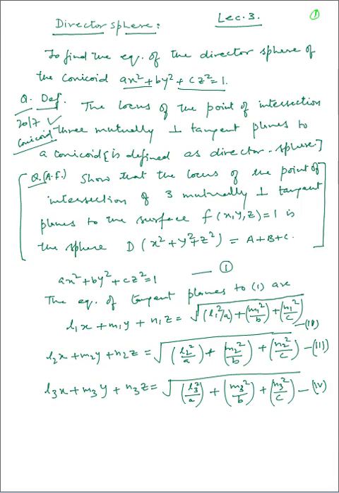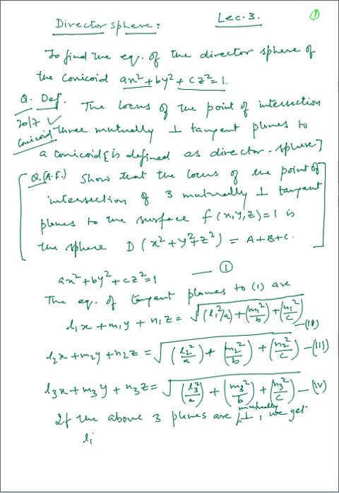This is equation 4. Now we can write down the condition of perpendicularity, that is, if the above 3 planes are mutually perpendicular or mutually at right angles, we get, so here you write the word mutually also.